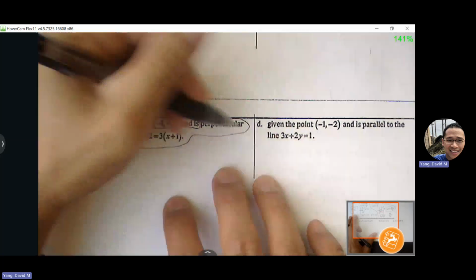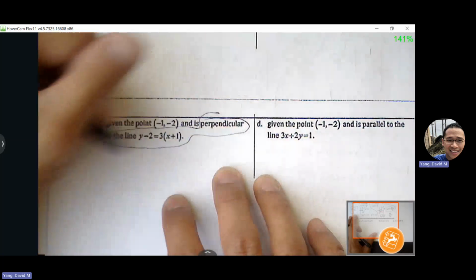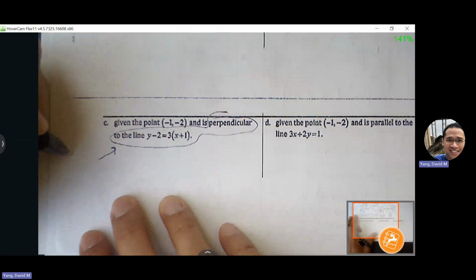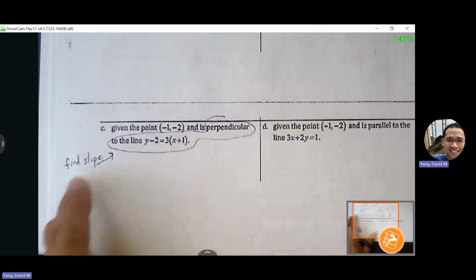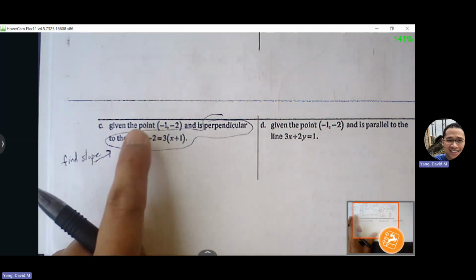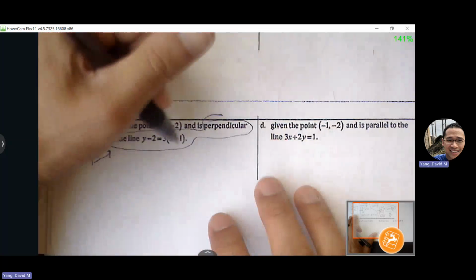So the only thing that we care about pulling from this second set of information is we just want to find the slope. We just want to use this to find the slope of the line that we want to build. So the only thing we care about from this whole second set of data is to find the slope associated with the line that we want, and then do point slope form from there.